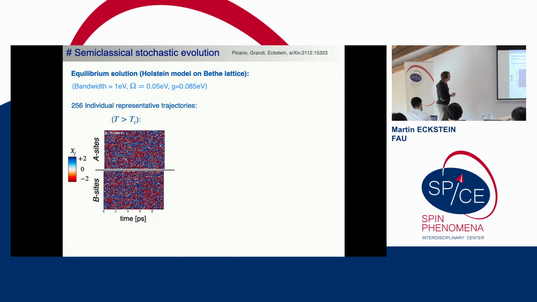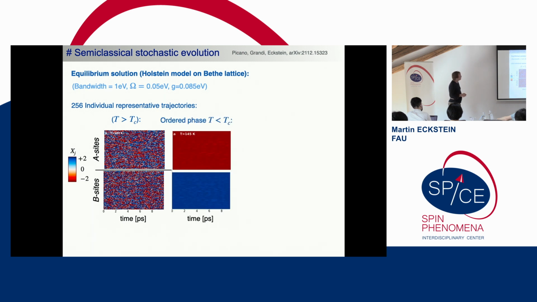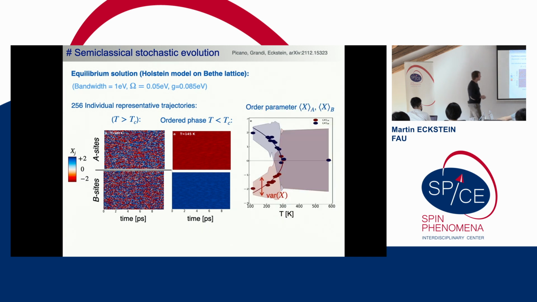You have on this bipartite lattice some sites on each of the sublattices, and you look at the trajectories at each site, color-coded. They all fluctuate at high temperature. If you go to low temperature, you have an ordered state where each of these rows is a trajectory, so they would all be displaced in negative and positive. And if I average here, I get this second order phase transition.